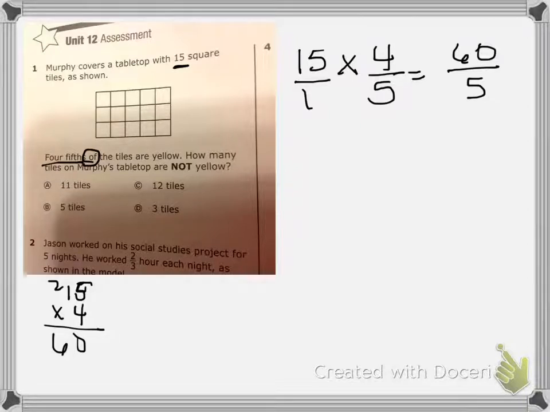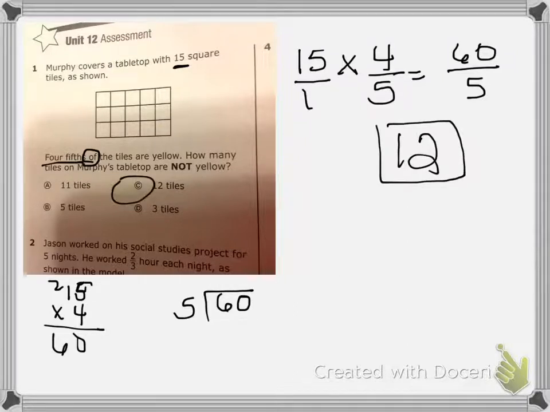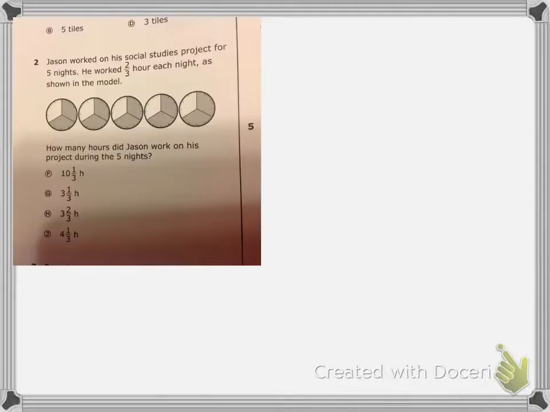Okay, so because we have an improper fraction here, 60 divided by 5, that's actually a math fact, and you should know that one. If you don't, I do want you to work it, but you should know that 60 divided by 5 equals 12. So how many of the tiles are not yellow? That would be 12. Okay, so kind of similar to yesterday.